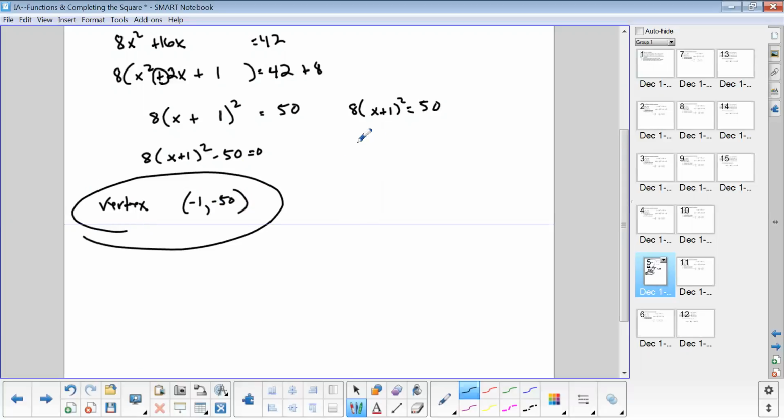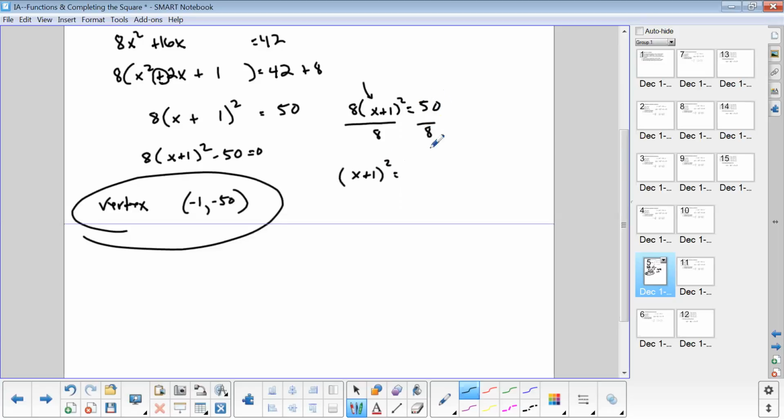And now solve for my solutions. What I want to do is divide by 8 on both sides, because I want this a value to be 1. So x plus 1. And I need access to that x, so I need to peel back each operation. Since 8 is multiplied by this expression, I want to divide by 8.